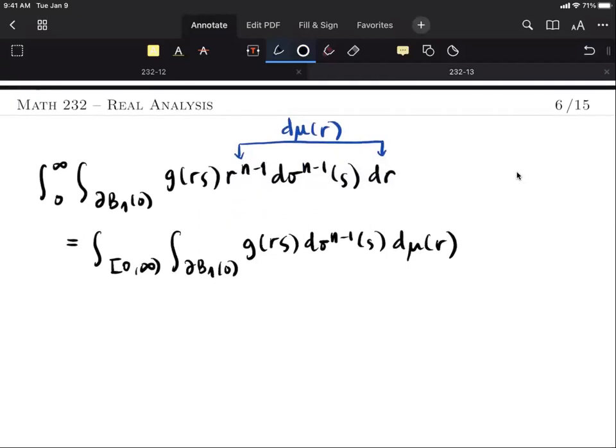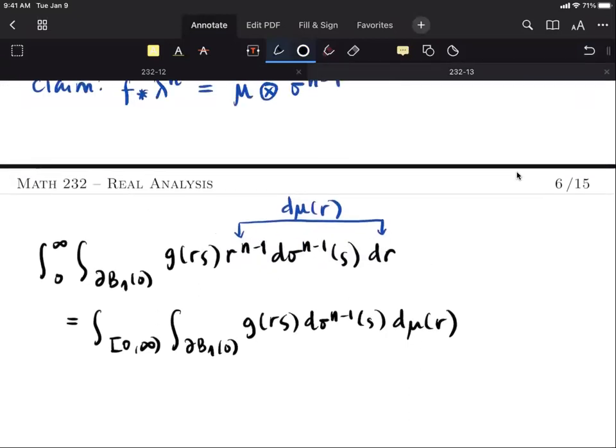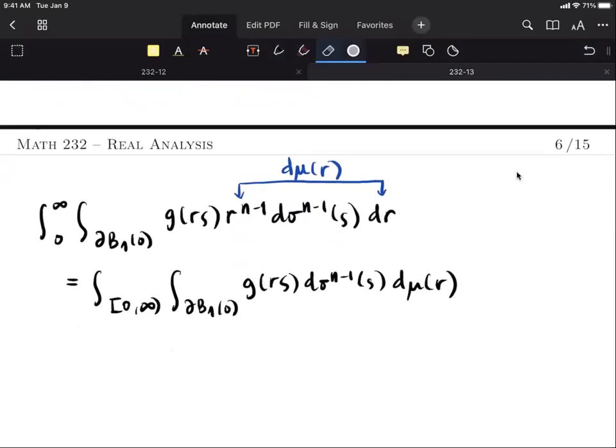And take note that r s is the same as h of r, s. This is h of s.